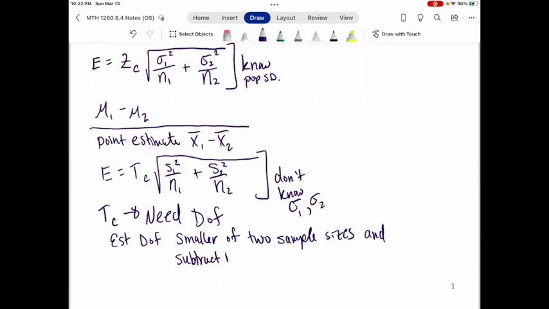Please keep in mind that that is just an estimate. When you see the degrees of freedom on the calculator, it's probably going to come out different because the calculator uses that complicated formula to figure it out. And that will give you the actual degrees of freedom rather than just an estimate.